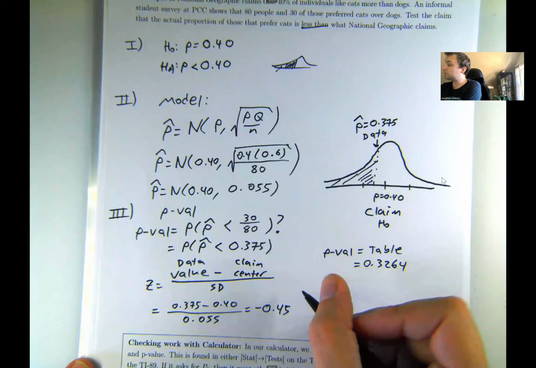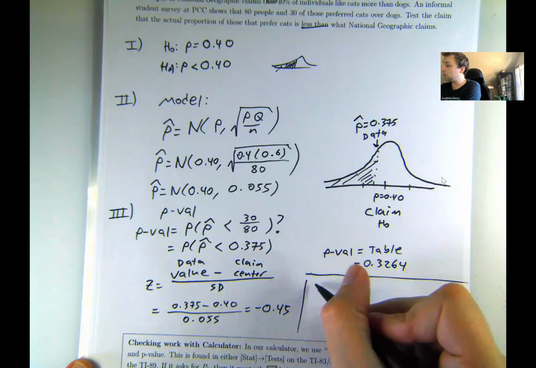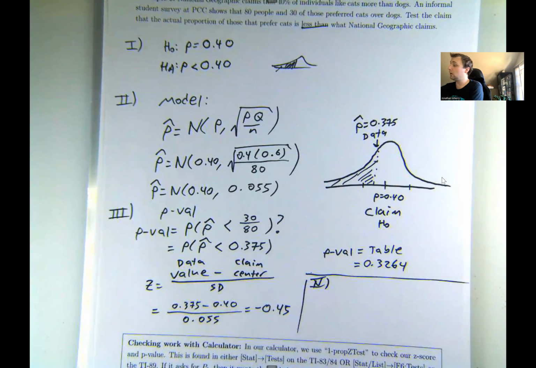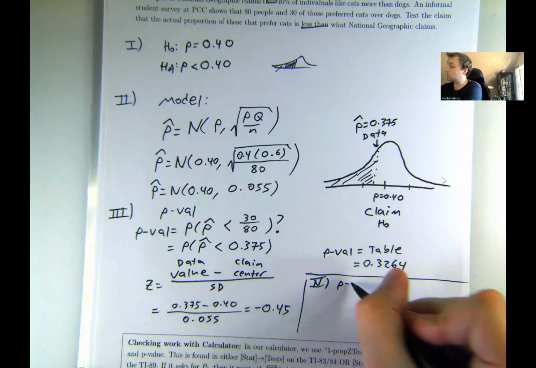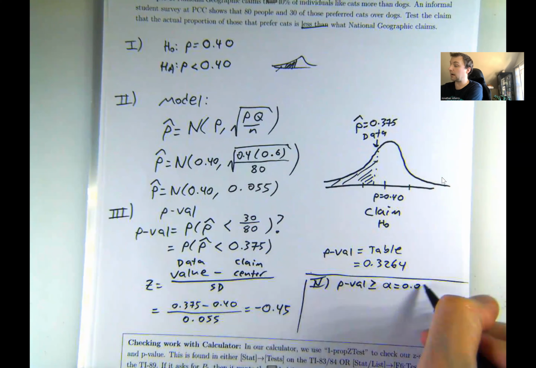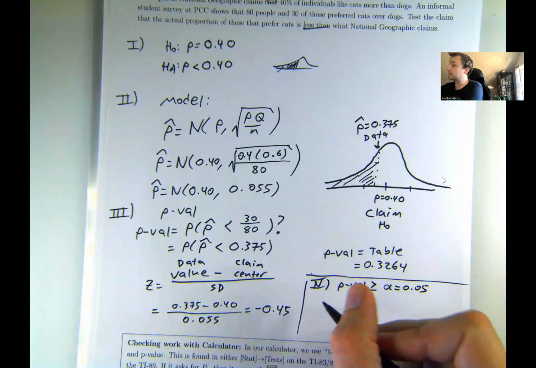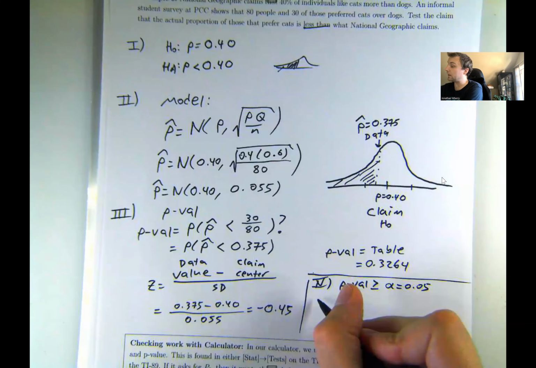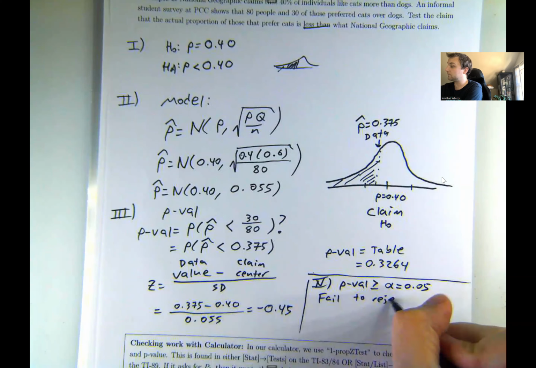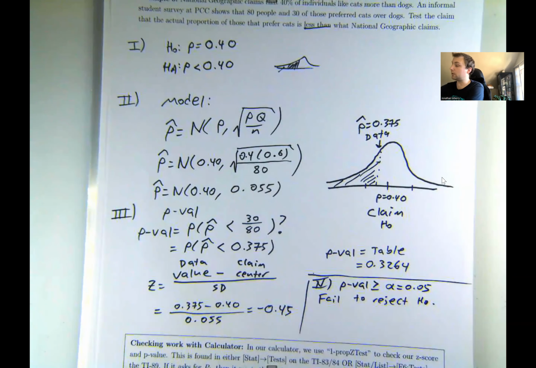And that's a pretty large p-value, especially compared to what is considered a neutral alpha level of 5%. So my p-value is greater than or equal to my alpha significance level of 5%. And since it's bigger than alpha, this means I would fail to reject the null hypothesis, which means I do not have evidence of the alternative.